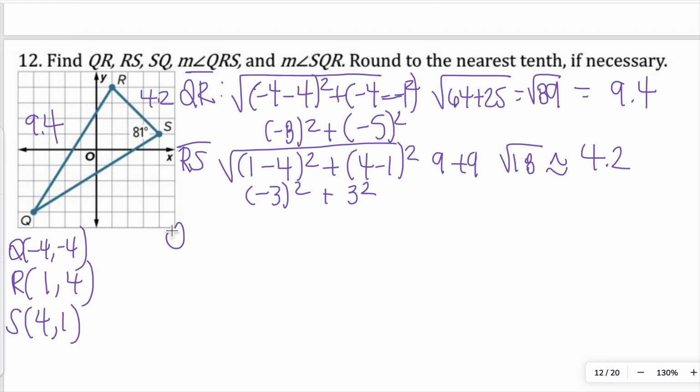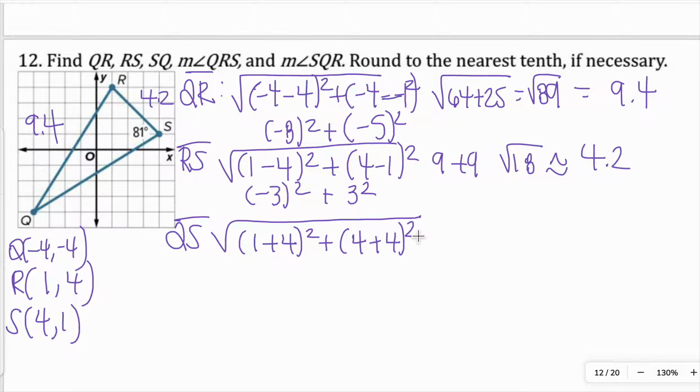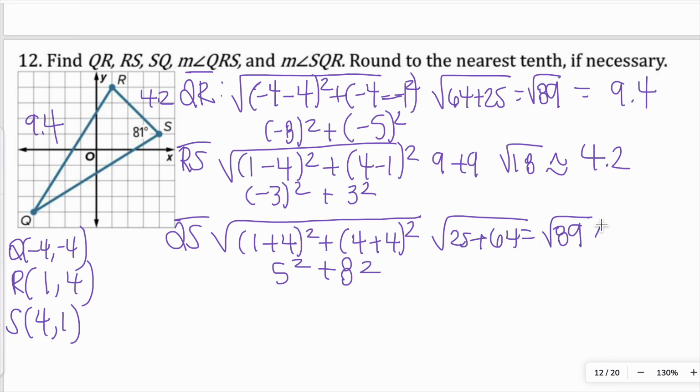And then my last one, QS distance. I'm going to take 1 minus -4 for my y's, which would be 1 plus 4, and for my x's, 4 minus -4. So that's 5 squared plus 8 squared, which is looking really familiar. It's 25 plus 64, or 89, the same thing I got for QR. So that's about 9.4. So we probably already can say this is an isosceles triangle.